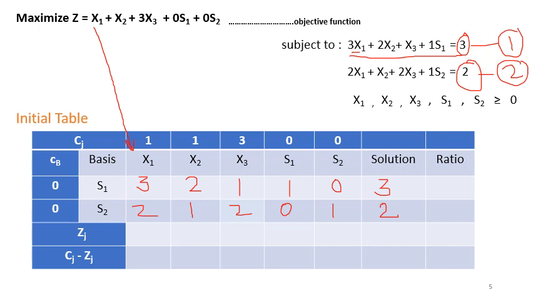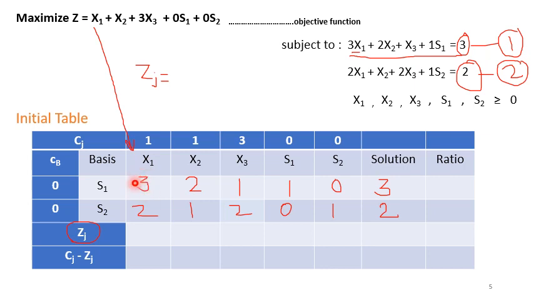Now what is this Zj value? This Zj value is calculated this way. Your Zj value will be your Cb value multiplied by the x values you have here.